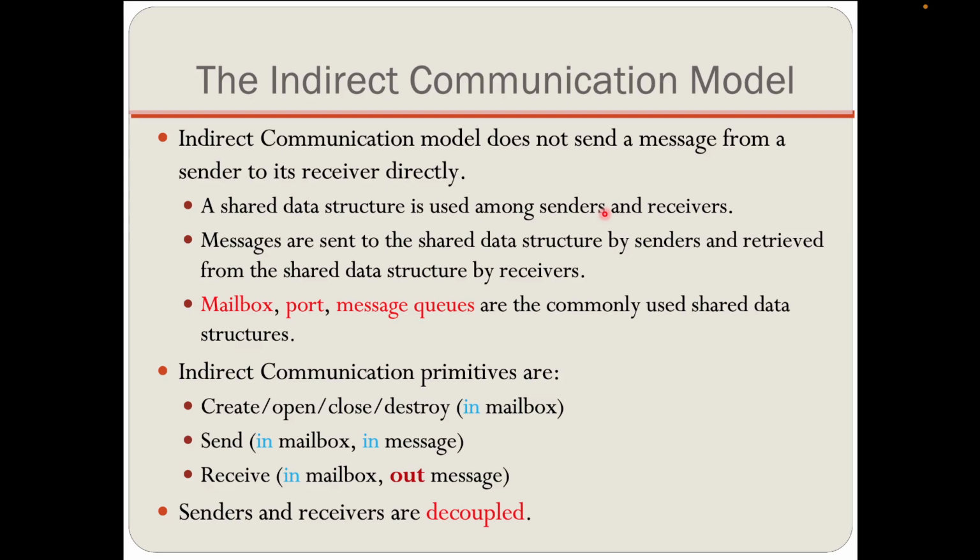In an indirect communication model, they don't need to specify or know the counterparts in advance, and they still are able to exchange information. The typical way is that there's a shared data structure, or we call it a mediating data structure, used among the senders and receivers. Instead of the sender and receiver needing to know each other in advance, they just need to know this shared data structure, which can be a file or others.